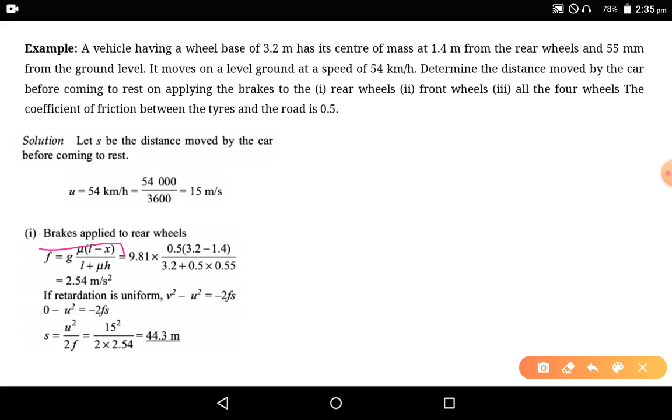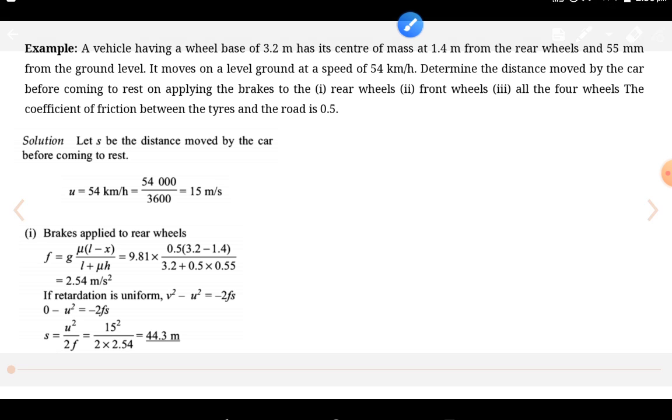The friction coefficient is given as 0.5, and L is the wheelbase, that is 3.2 meters. x is the distance of the center of gravity from the rear wheel, that is 1.4 meters. And the denominator is 3.2 plus 0.5 times h. h was 55 mm, right? So we have put all these values in meters. So the value of retardation is coming to be 2.54 meters per second square, right?